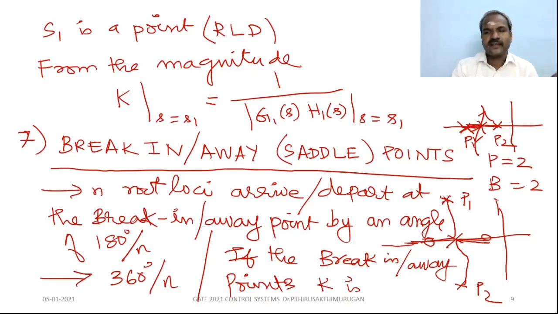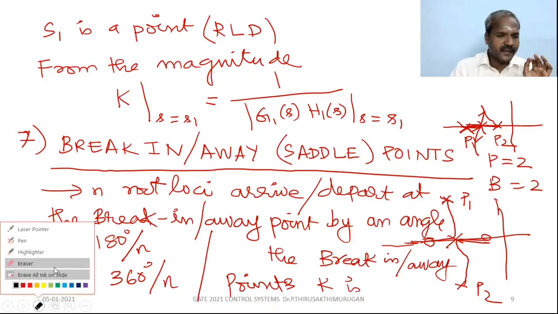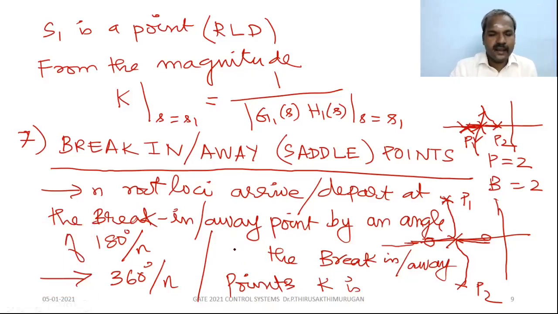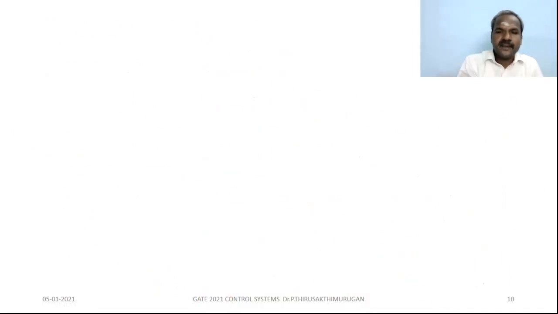Both, if at the break-in point or away point, the value of K, when at the breakaway or break-in points, K is either maximum or minimum. Understand? Maximum or minimum. So how to determine the gain value K?